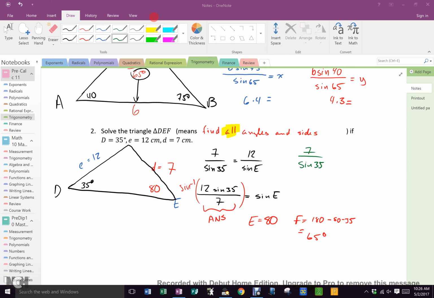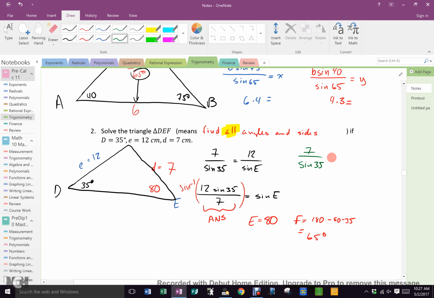Now, do I have to use 7 over sine 35, or can I use 12 over sine 80? You could use either one. Which is the better one to use? Why? Because it's already there and it hasn't been rounded. But you could use the 80 and it'll be close enough.